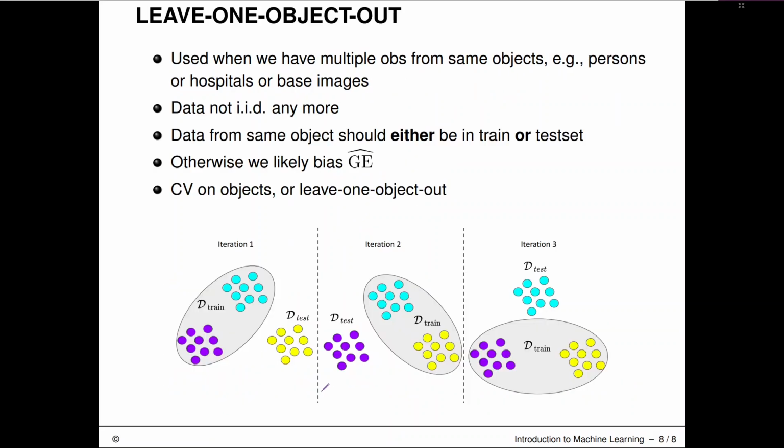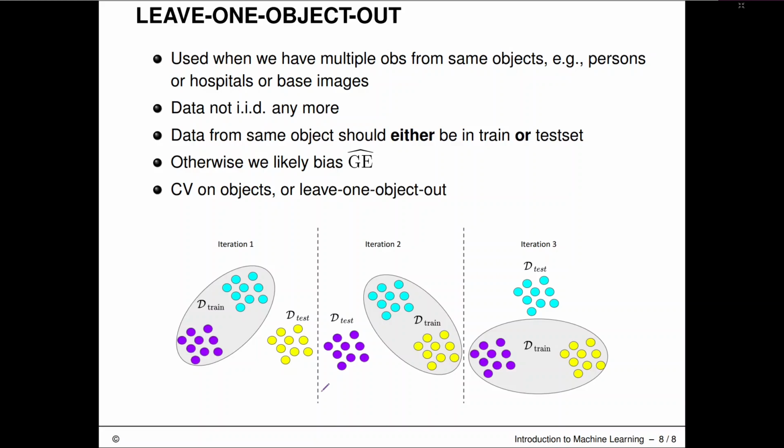So I want to end with one not unimportant meta strategy in resampling for situations when we have multiple observations from the same object, because that happens in practice, unfortunately, quite often. So for example, we have multiple observations from a single person.